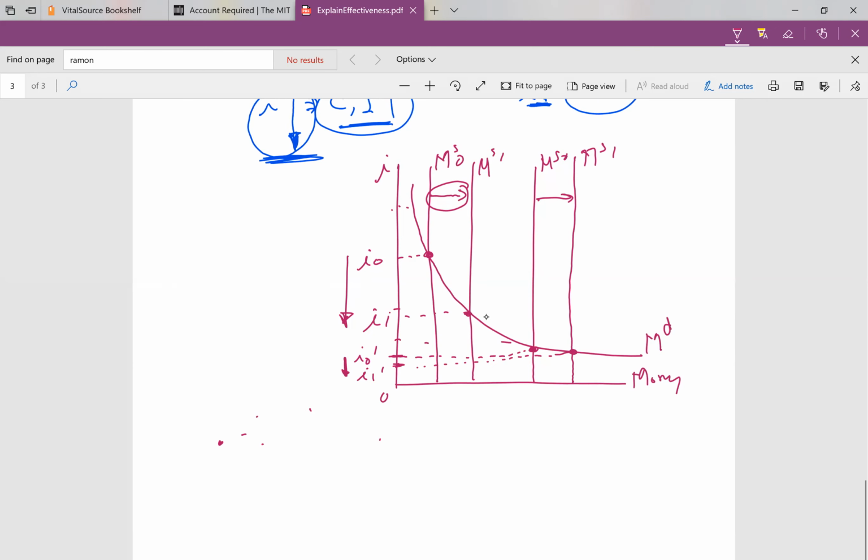So when is monetary policy likely to be more effective to convince consumers and producers to borrow more money and to engage in consumption and spending? Clearly, when the money demand is in this more inelastic region, because the drop in the interest rate will be larger.